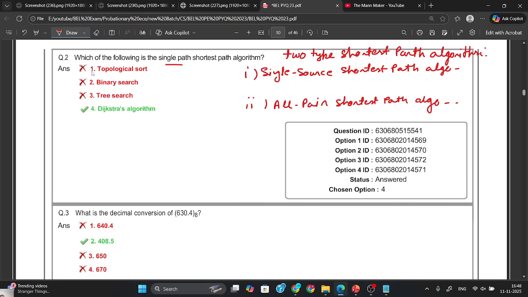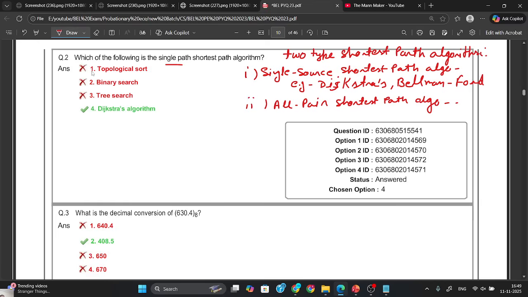In the single source shortest path algorithm, for example, we have Dijkstra's algorithm, then we have the Bellman-Ford algorithm. So these two algorithms come under single source shortest path.